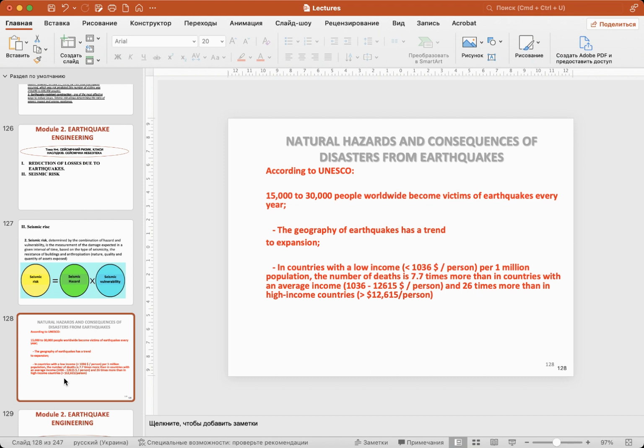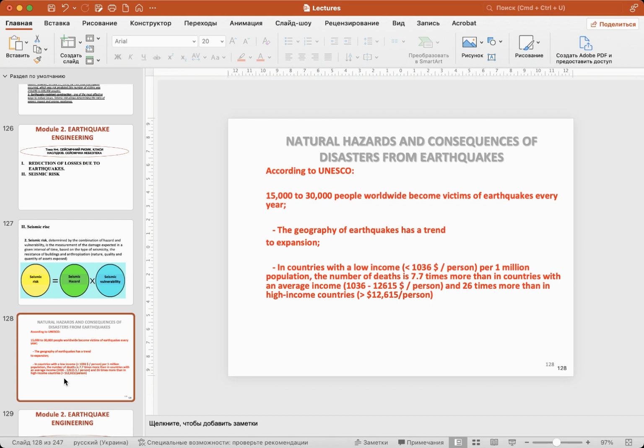For example, UNESCO shows us the following information: in countries with low income, less than $1,000 per person per year, per 1 million of population during earthquakes, the number of deaths is 7.7 times more than in countries with an average income from $1,000 to $12,000 per person per year.